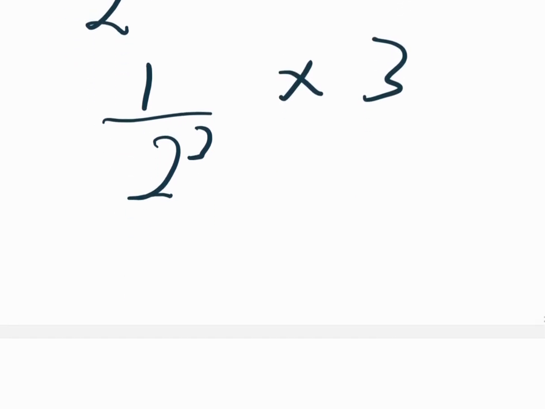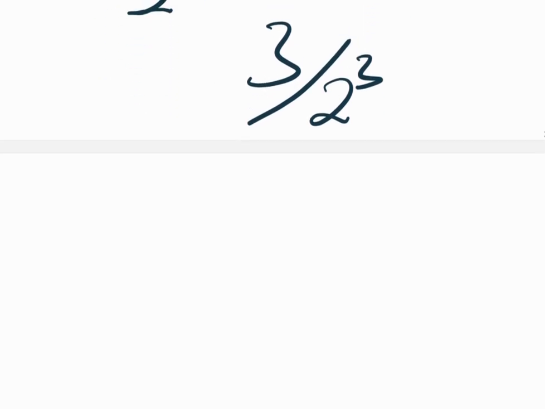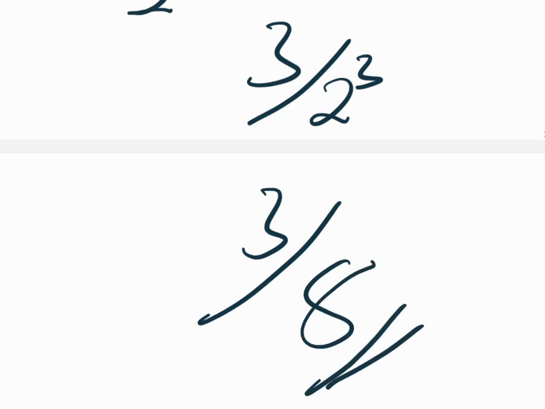Let me just repeat that. You're going to have 1 times 3, which gives 3, all over 2 to the power of 3. So you're going to have 3 over 2 to the power of 3. That gives 8: 2 times 2 times 2 is 8. This is the answer.